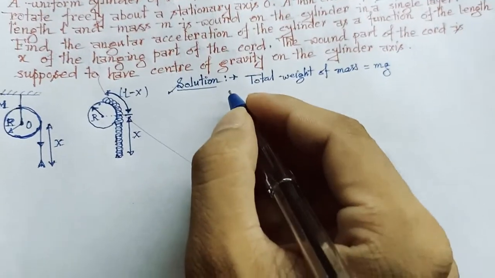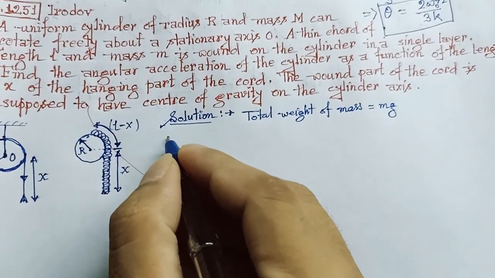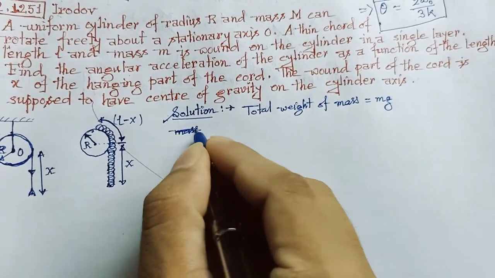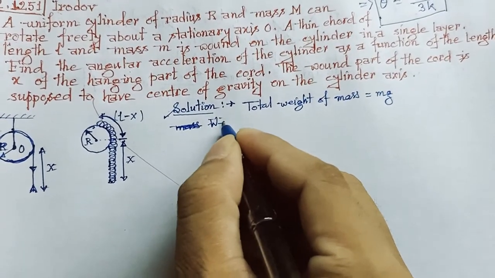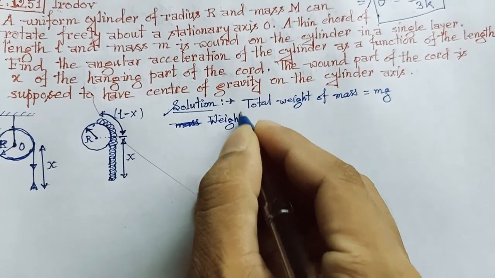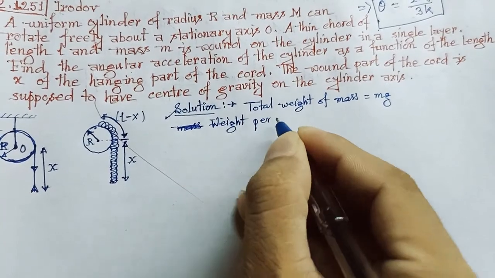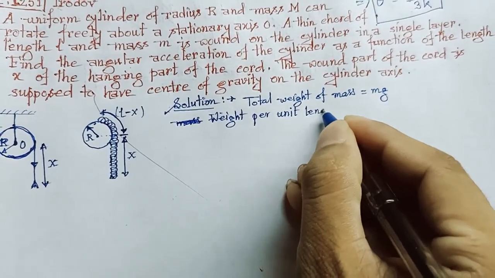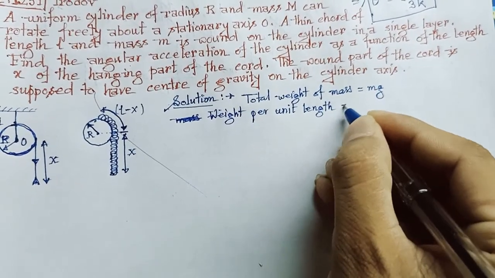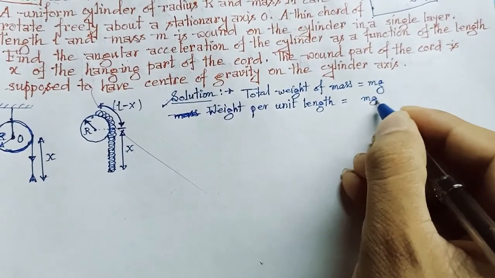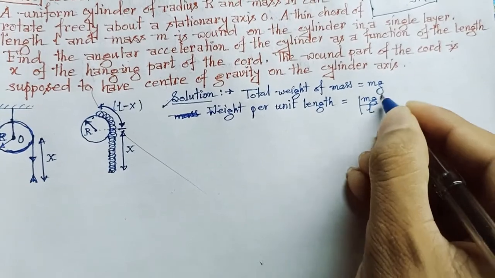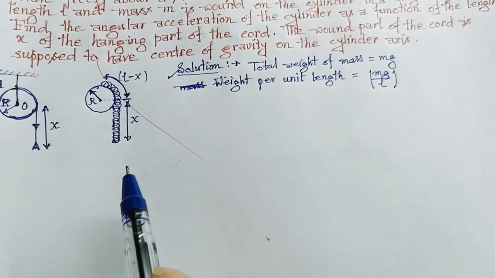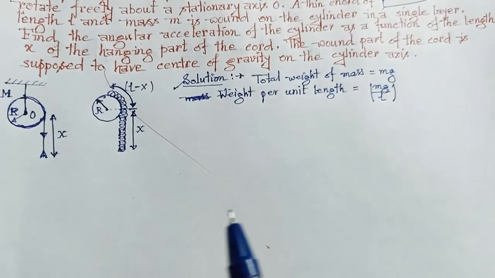So weight per unit length will be equal to mg divided by L. Now from this diagram it is shown that the x portion of length is hanging from the cylinder.